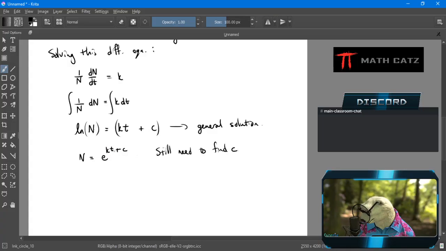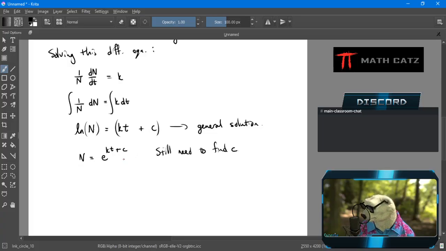But before I do that, it turns out that I can make this look a little nicer to have this integration constant be connected to something that has immediate meaning. If I calculate the value of this C, its value isn't obvious where it comes from.